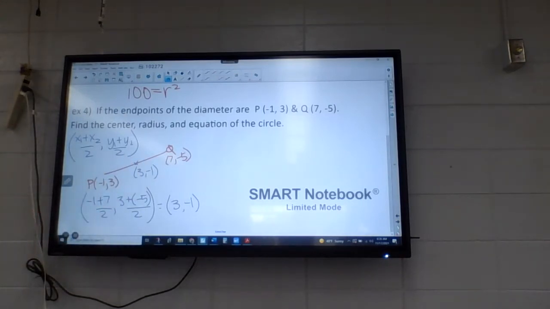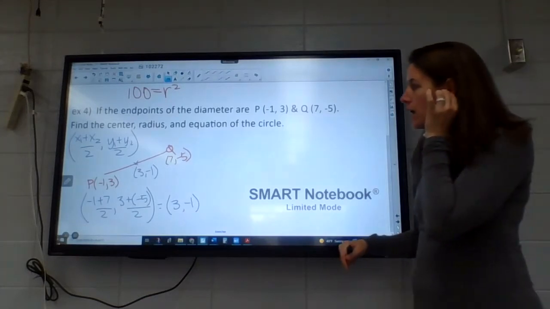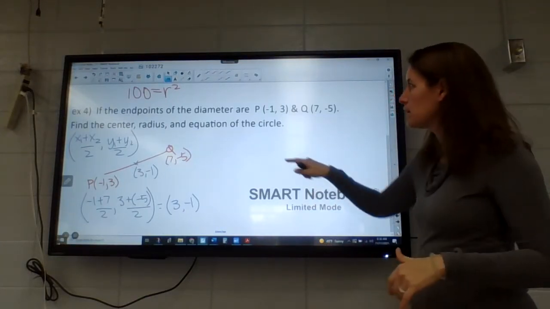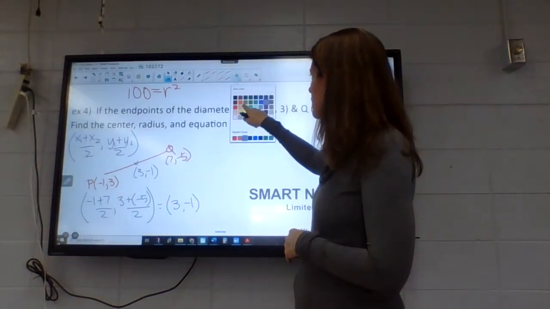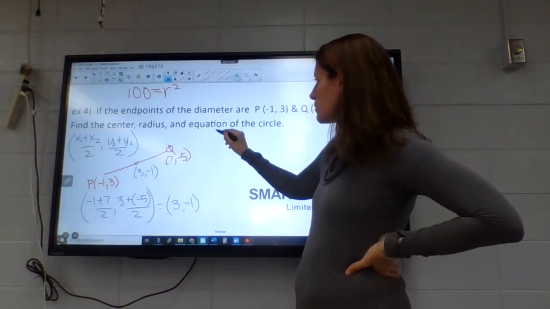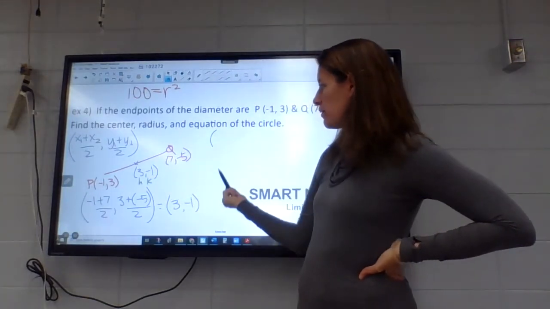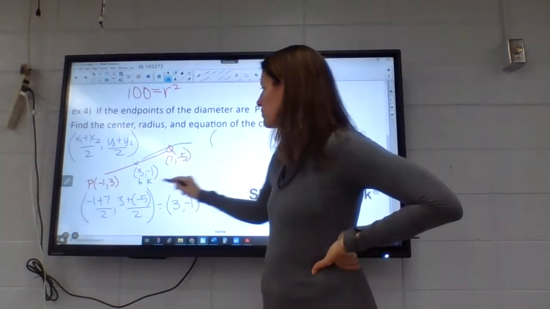So now we've found h and k, and then this problem just becomes like the last one, where I have a point and I have the center. I should be able to find r, and I should be able to write the equation of our circle. So let's find r. Again, this is the h and k.